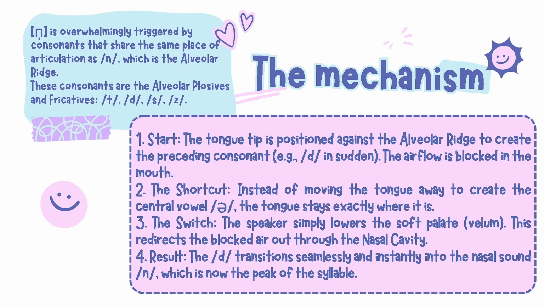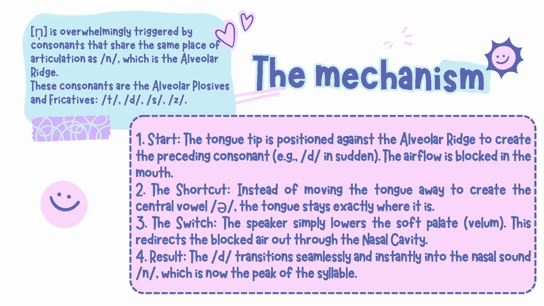Instead of moving the tongue away to create the central vowel schwa, the tongue stays exactly where it is. Third, the switch. The speaker simply lowers the soft palate. This redirects the blocked air out through the nasal cavity. And last, the result. The d transitions seamlessly and instantly into the nasal sound n, which is now the peak of the syllable.